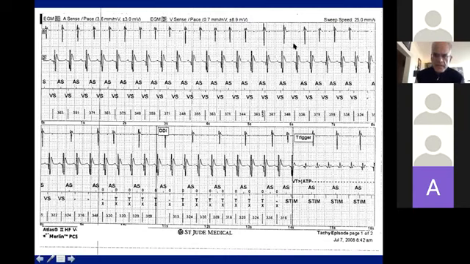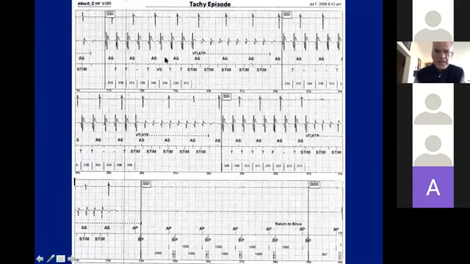Look here, very clearly, and at the bottom, you have VA dissociation. So it was VT. So a one-to-one AV relationship does not necessarily mean SVT. Always look at who is driving whom, right? And that's the continuation of this episode. It took actually several rounds of ATP. So ATP number 1, ATP number 2, and then finally it breaks it.